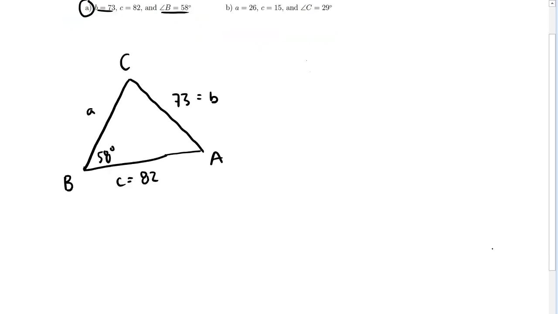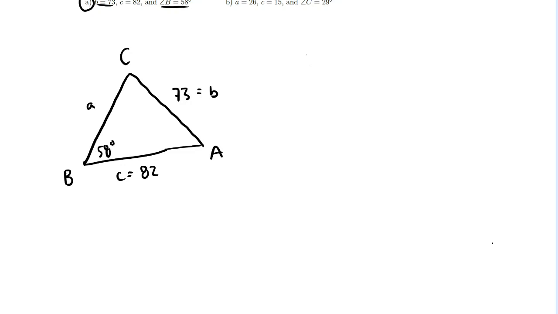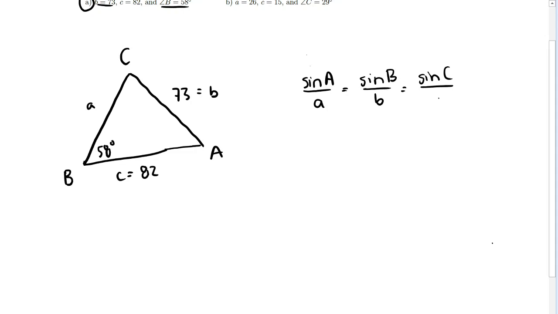And so how do we find the missing values in this triangle? Well, we can use the law of sines. The law of sines says that if I take the sine of some angle divided by its opposite side length, this is going to be the same as the sine of another angle divided by its opposite side length, which is also equivalent to the sine of the last angle divided by its opposite side length. And as long as we have 3 out of 4 of the pieces in any pair of these parts of the equation, we will be able to solve for the fourth.